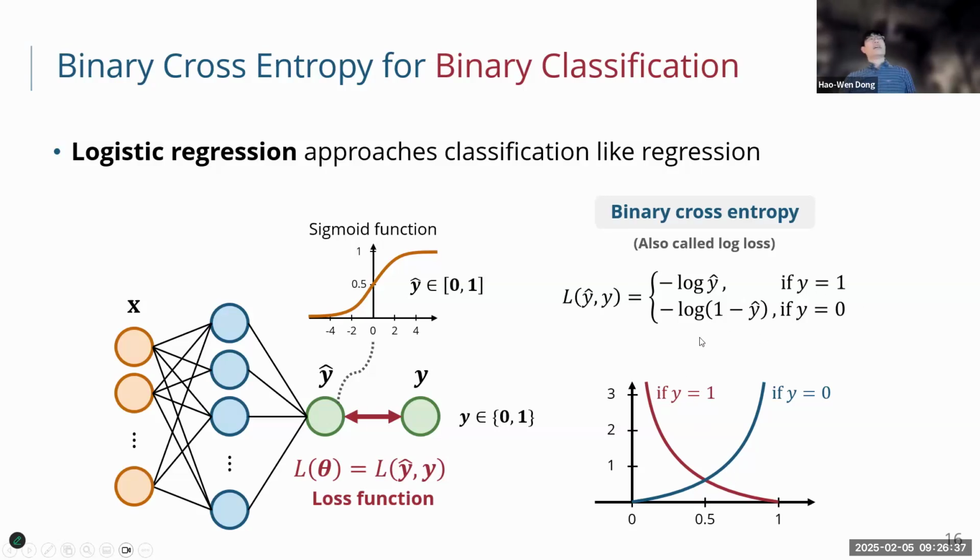And if you look at the function value of this, if you plot this thing, negative log y, you get something like this. And it only makes sense between 0 and 1. So the goal is that if your ground truth, if this image is actually a cat, then you want to drive this loss function down.